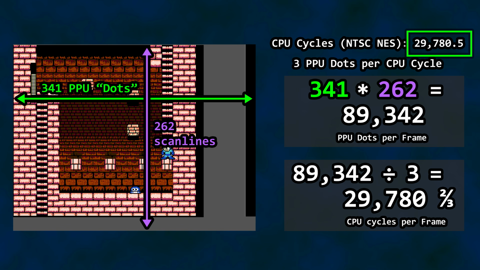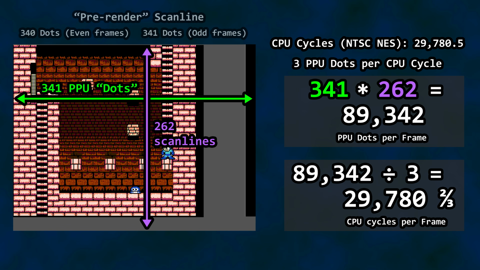That number doesn't quite match what I used for our percentage. Why? Without going too deep into it, there is one pre-render scan line between vertical blanking and the next picture, and it can be 1 dot shorter, 340 instead of 341, in every other frame.